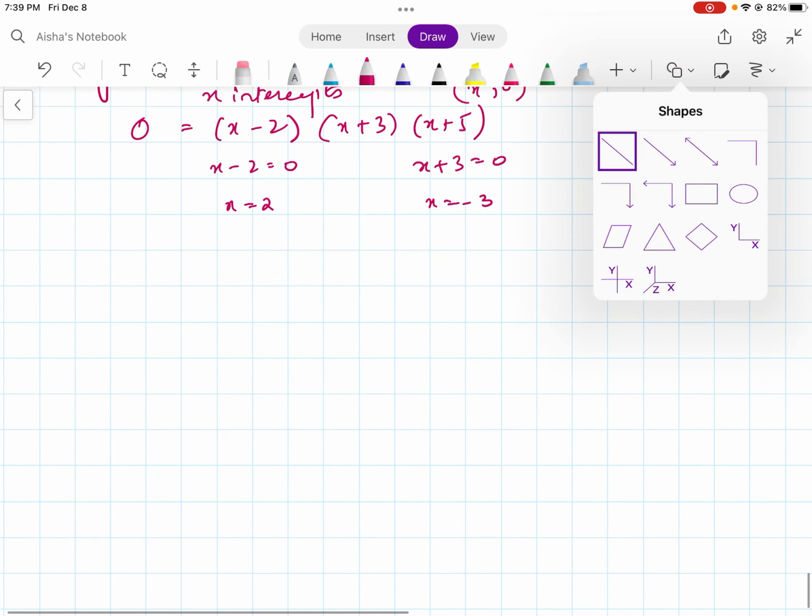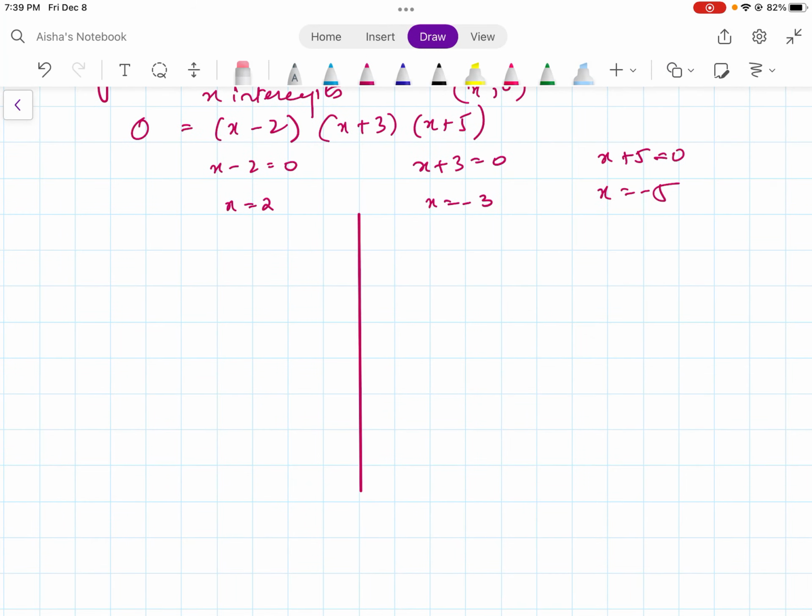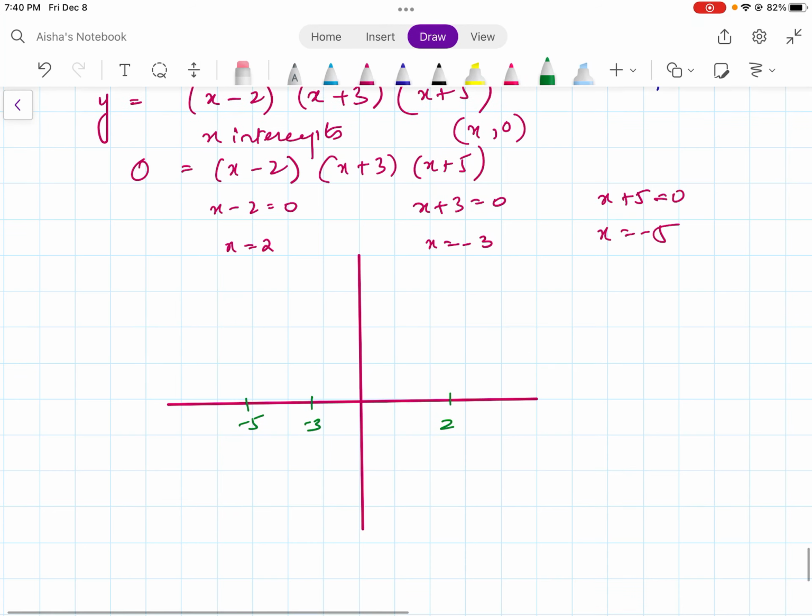Now plug it in. Minus 3, minus 5 and 2. Acha, when you multiply the x, you get an x cube, meaning the shape will look like this. Okay.